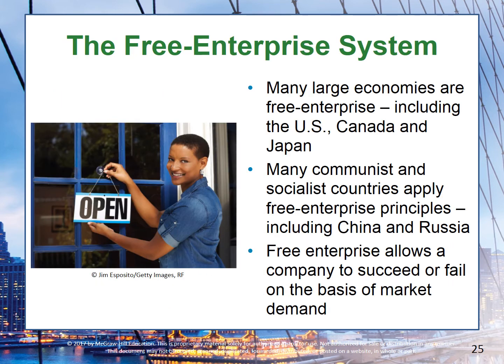The free enterprise system, like we talked about a little bit earlier, allows small businesses and large businesses to have free enterprise, to be able to succeed or fail on the basis of the market. The U.S., Canada, and Japan are very large free enterprise economies. And we are beginning to see that some of the communist and socialist countries, including China and Russia, are beginning to apply these free enterprise principles.